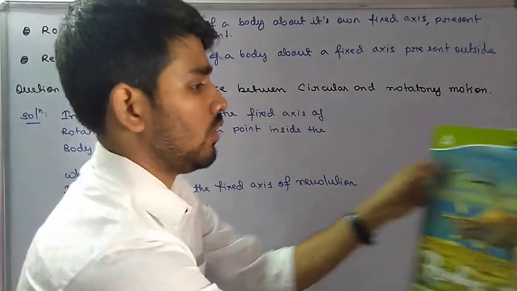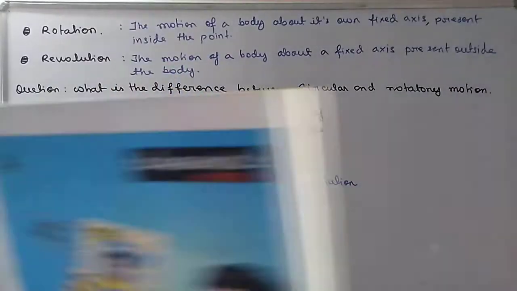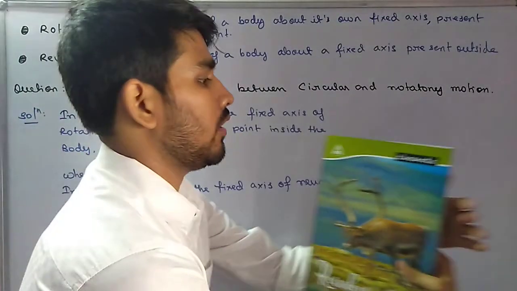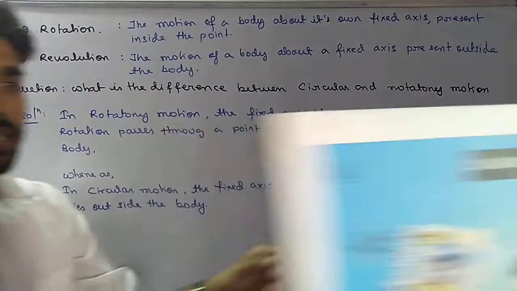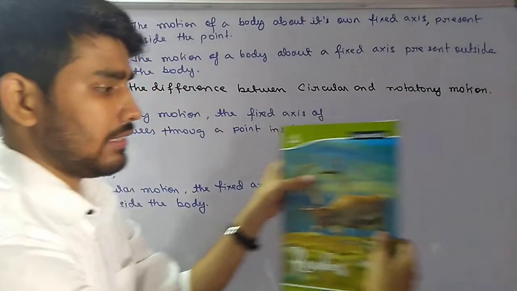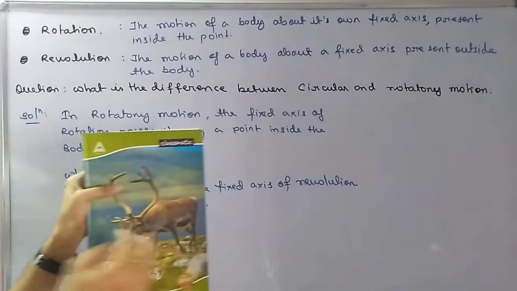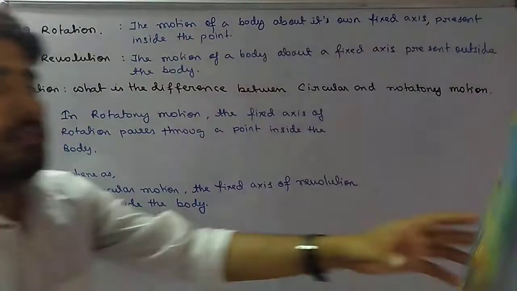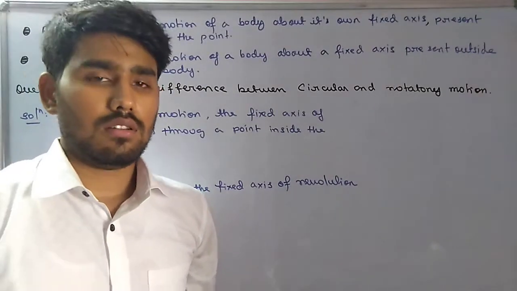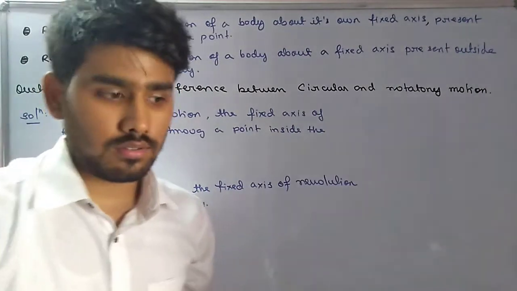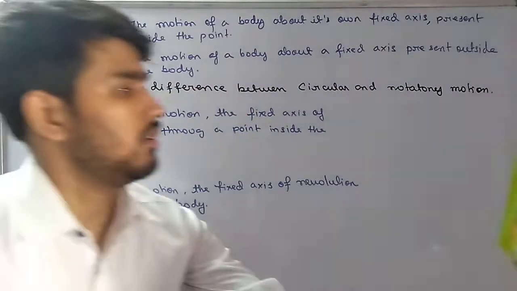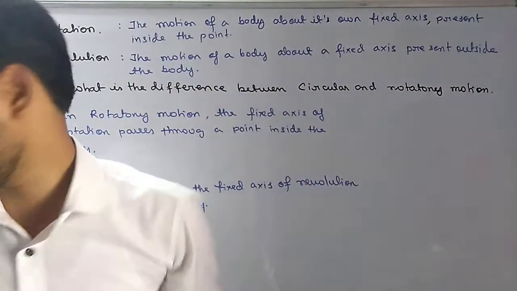Now what it is actually doing is undergoing revolution. The same book is moving about a fixed axis which is somewhere over here, such that its distance is constant. Is it clear? Like this, rotation. If it moves like this, revolution.